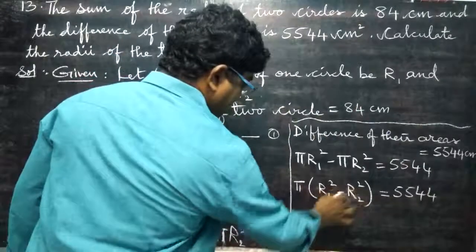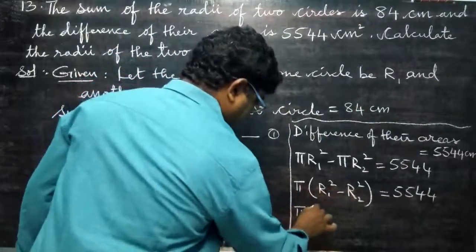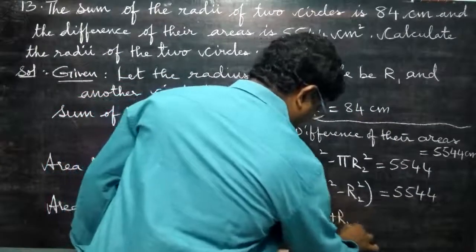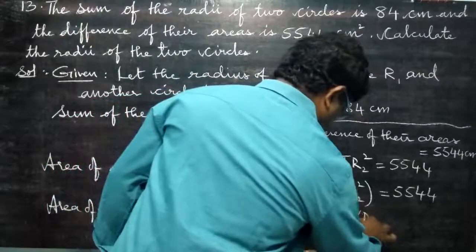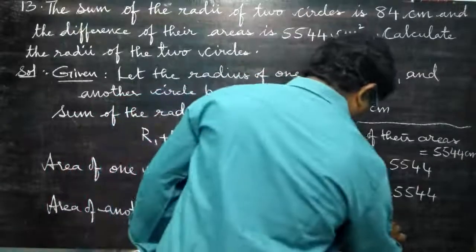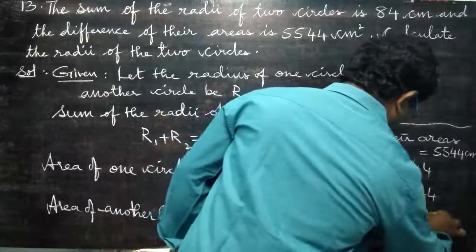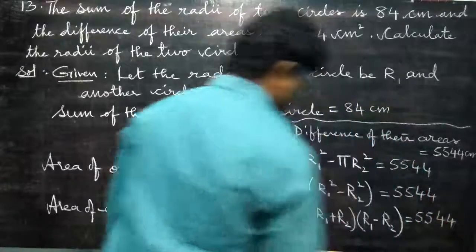Now it is in which formula? A square minus b square. So pi into capital R1 plus capital R2 into capital R1 minus capital R2 is equal to 5544.